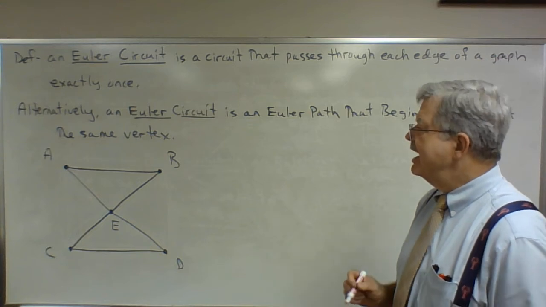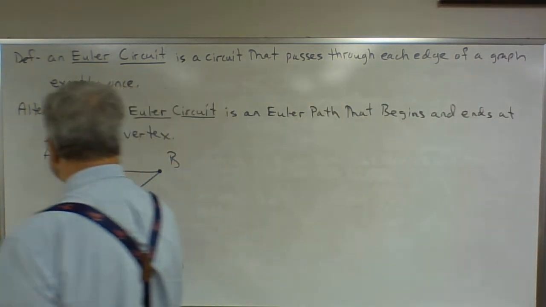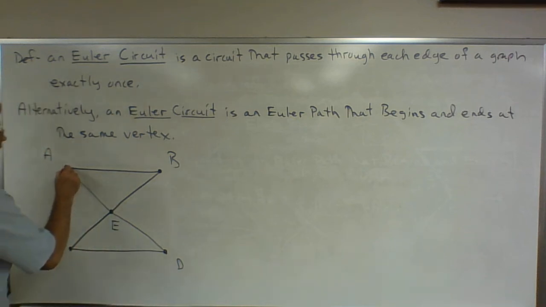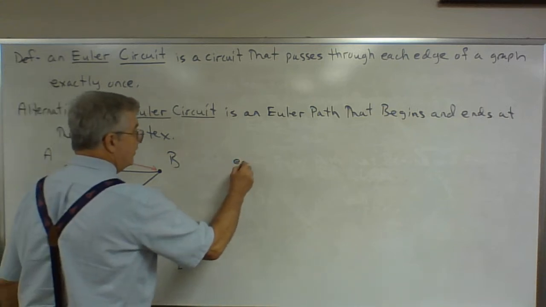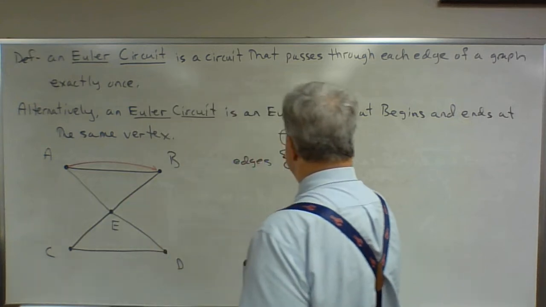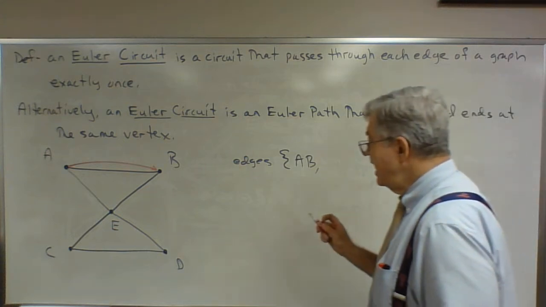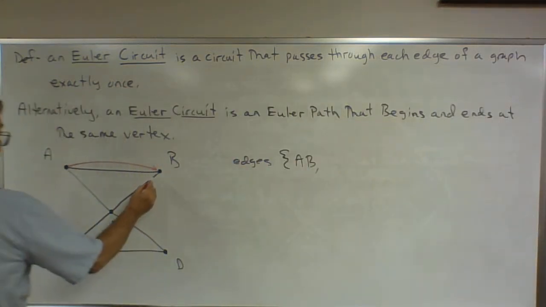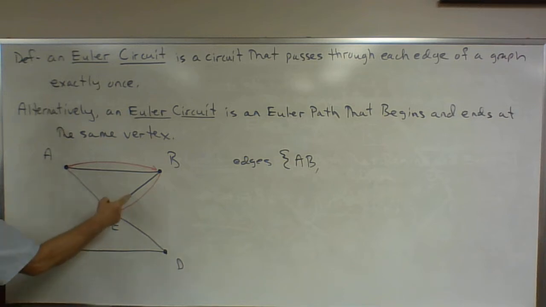And since I have absolutely no imagination, I'm going to start at vertex A and go to B. There. We just covered the edge from A to B. And what the heck, let's go from vertex B to vertex E. We got this edge covered, B to E.